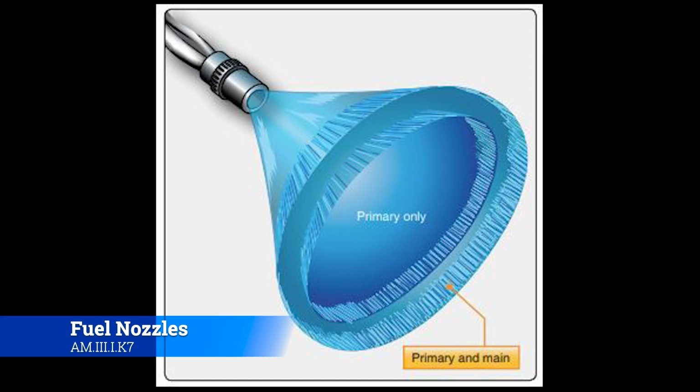There's a primary spray pattern, and then there's going to be a main spray pattern that follows behind it. The primary spray pattern goes down the center. That's going to be your primary delivery of fuel. The majority of the fuel is going to go to that primary pattern right there. The main pattern is then going to shoot on the outside and create a bubble on it.